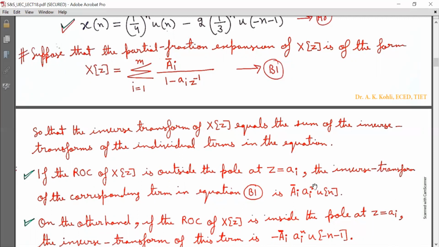So this point is very important. I repeat, if the ROC of X(z) is outside the pole at z equal to a_i, the inverse transform of the corresponding term in equation B1 is A_i bar a_i raised to the power n u[n].